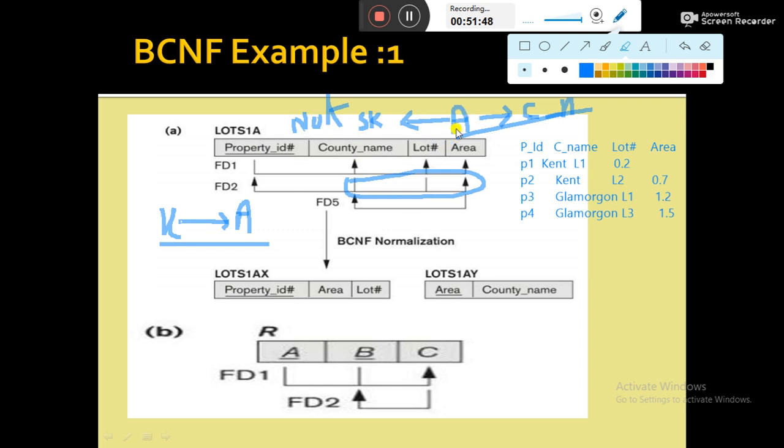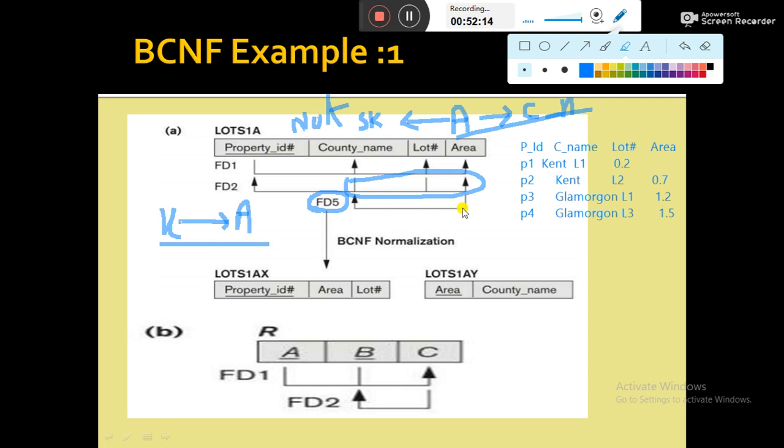In that case, area is not a super key, but county name is a prime attribute. So we can conclude that for functional dependency 5, the relation is in 3NF, but due to FD5, the relation is not in BCNF. So FD5 violates BCNF.